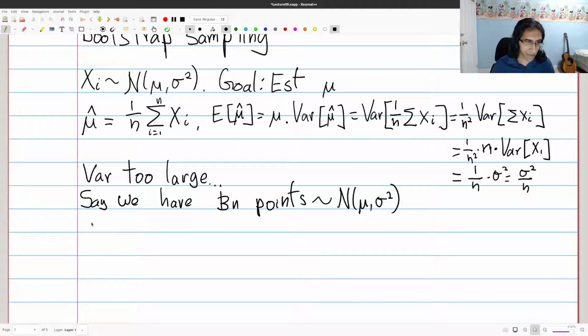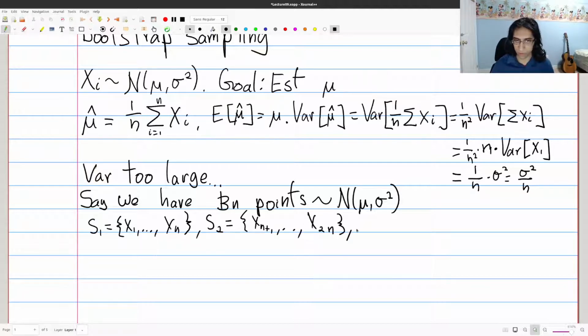So we have, say, s1 equals x1 through xn, and then s2 is equal to x(n+1) to x(2n), and so on. The point is we have bn points, so we make s sub b subsets of this, each of which are disjoint from each other.